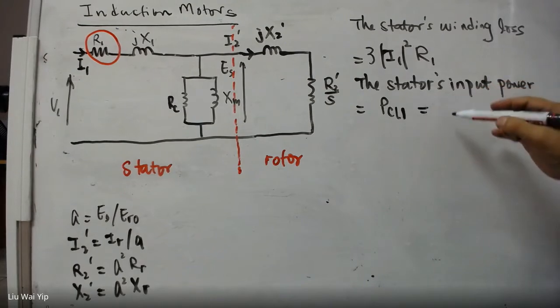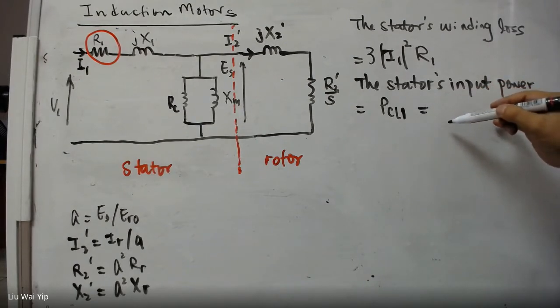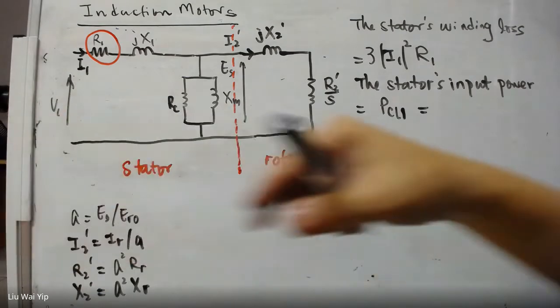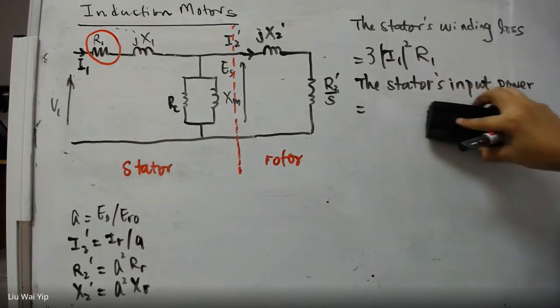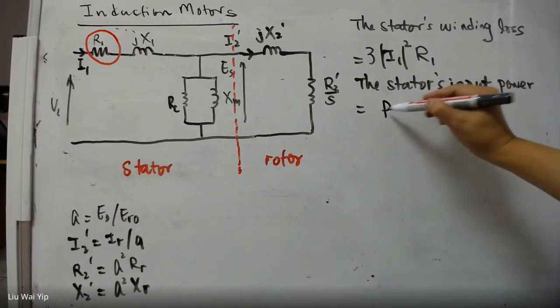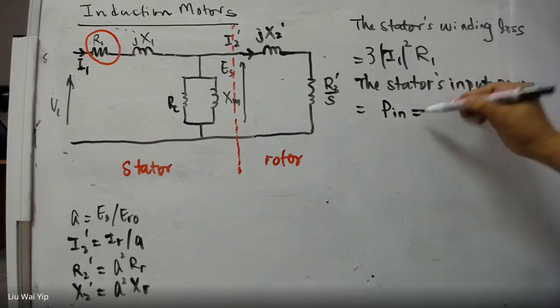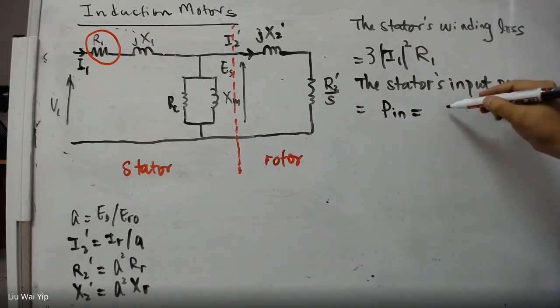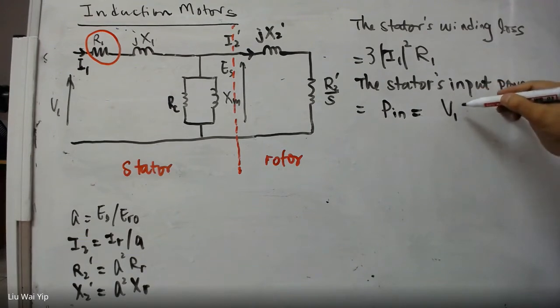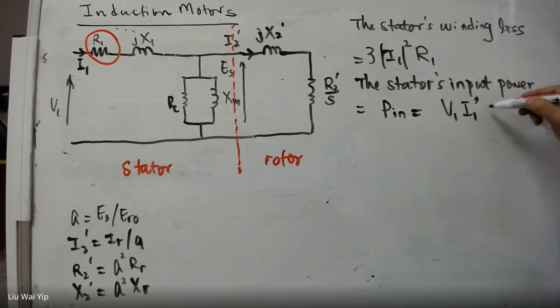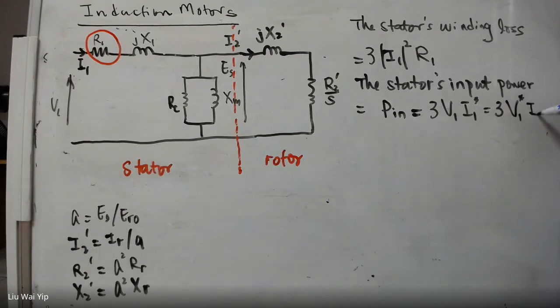And this one is going to be P_in. P_in is going to be the voltage times the conjugate of current. You need to put 3 here. Or 3 times the conjugate of voltage times current.